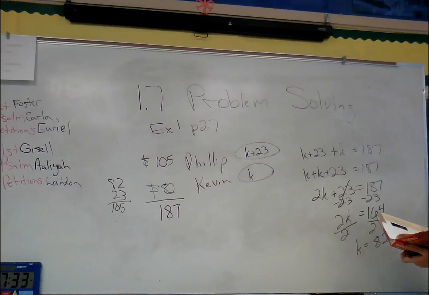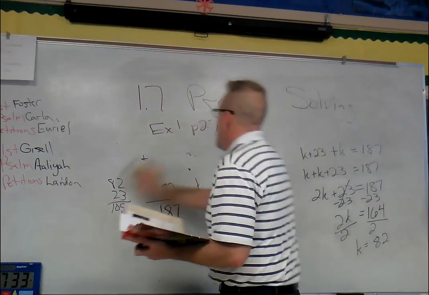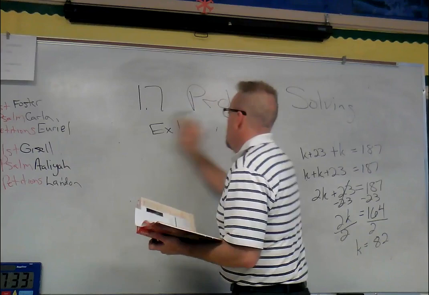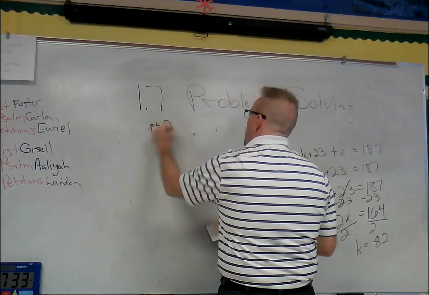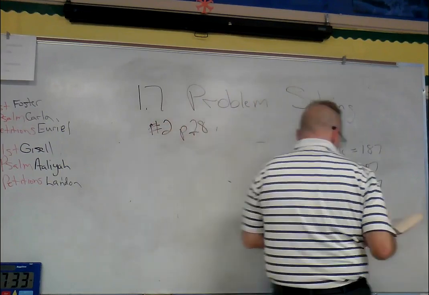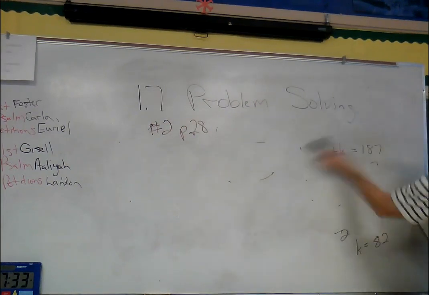Okay, so let's do one more of that. Turn over to problem 2 on page 28. Number 2, page 28. It says the gym is 21 years newer than the auditorium.